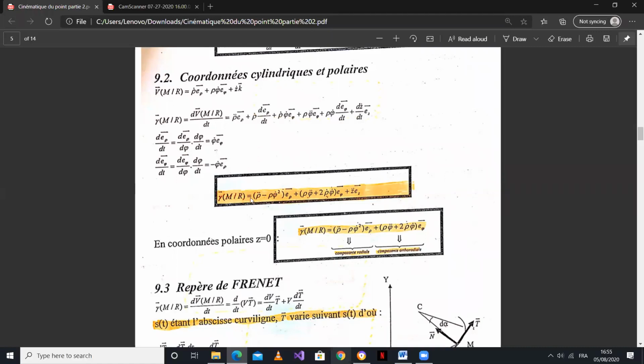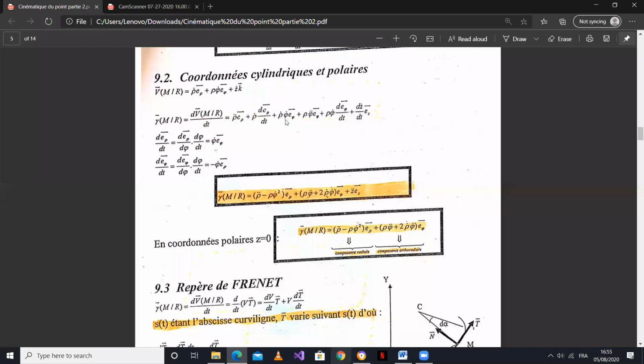So we'll have rho 2 point minus, because of this minus here, rho phi point carré, parenthesis, suivant E rho. That's why this has come from rho 2 point E rho, and we have moins phi point multiplied by rho phi point suivant E rho. This gives you that.